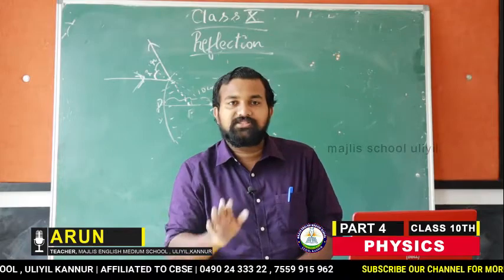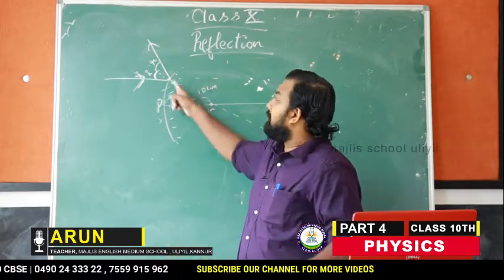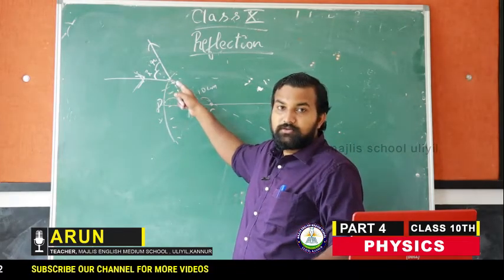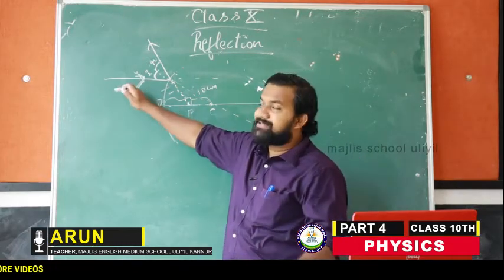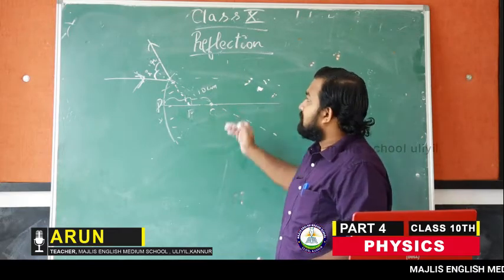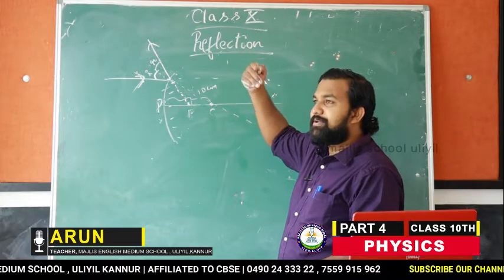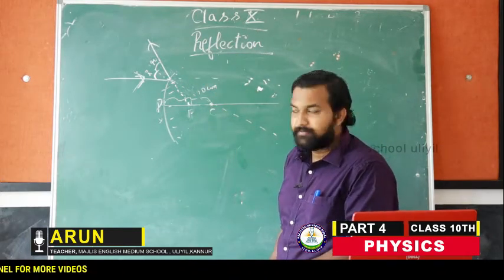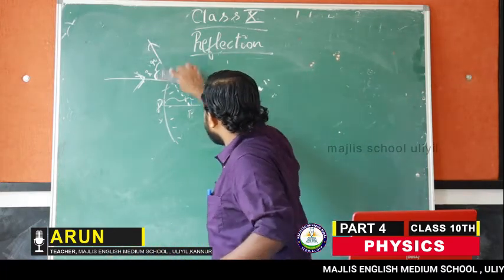I have told you in the beginning, it's virtual, not real. Okay, so likewise, this is also not real. We will feel that it is coming from the focus. So if any ray is coming parallel to the principal axis in the case of convex mirror, the reflected ray will be moving away in such a way that it appears to come from the focus. That's clear?